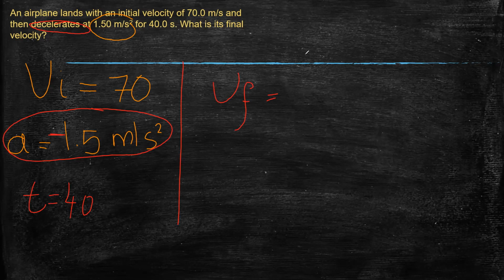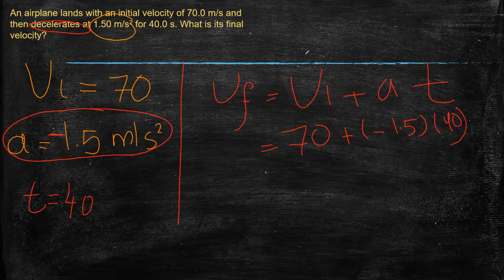Which equation can I use? V final equals V initial plus A times T. V initial is 70, A is negative 1.5, times T, which is 40, equals V final. Don't forget, first multiply, then add.